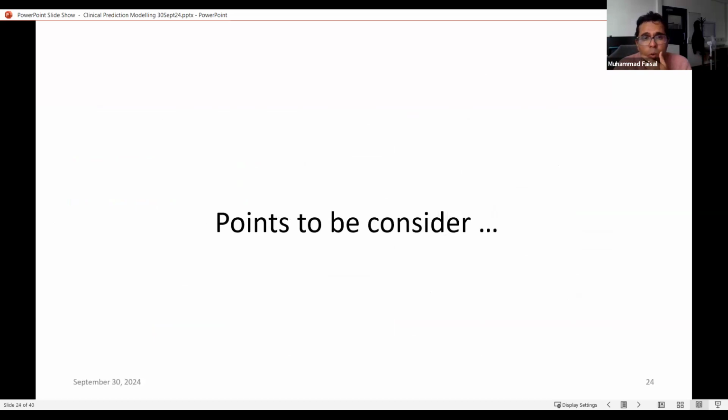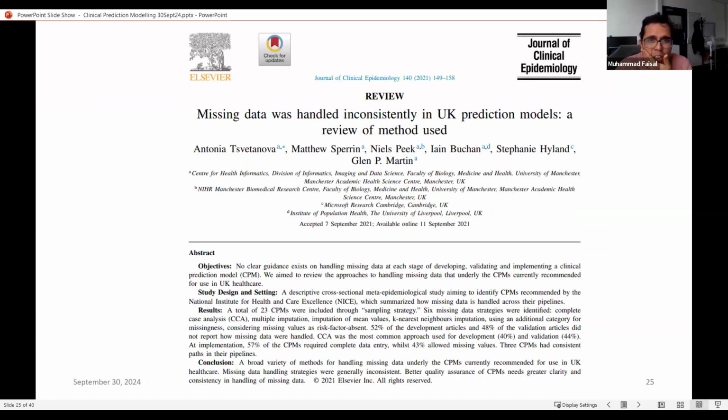So what problems can we face during that? One of the problems is that most of these models are developed on retrospective data, EHR data, electronic health record data. So one of the challenges we face is missing data. This data is not meant for research, but we are just using it for research purposes, so we expect that data is missing.